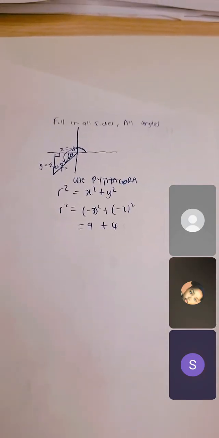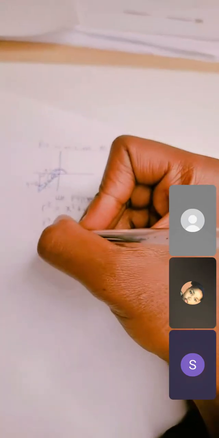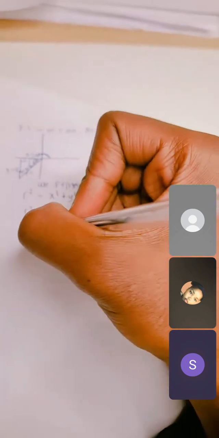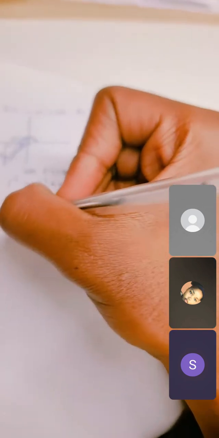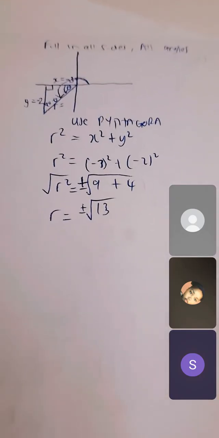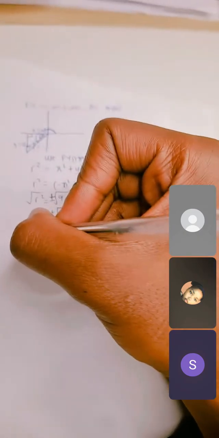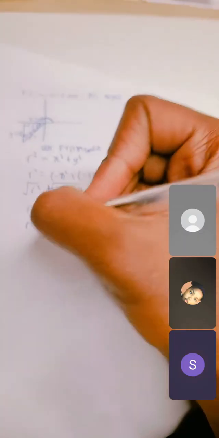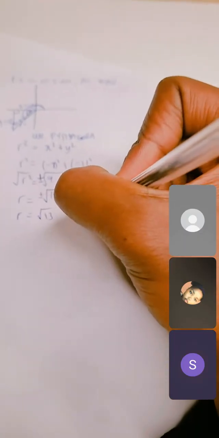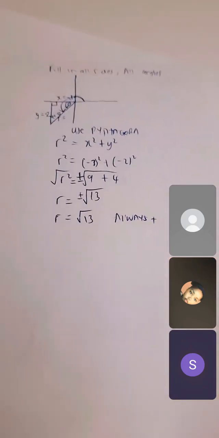We get 9 plus 4. We take the square root on both sides. We put plus minus when we put the square root. So it's plus or minus square root of 13. R is always positive, so that's why we say R is equal to square root of 13.